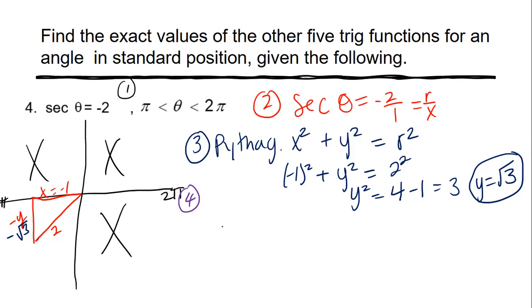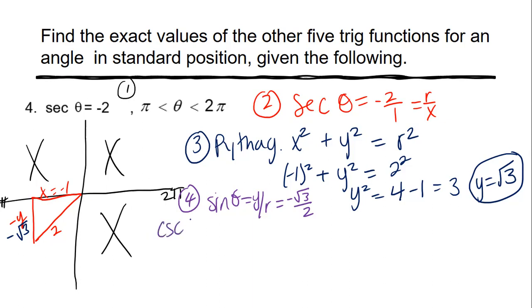So here we go. First up is sine. Sine theta equals our y over our r, and our y was negative square root of 3 over 2, because in quadrant 3, your y values are negative.